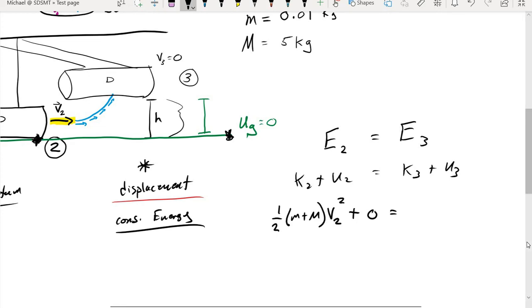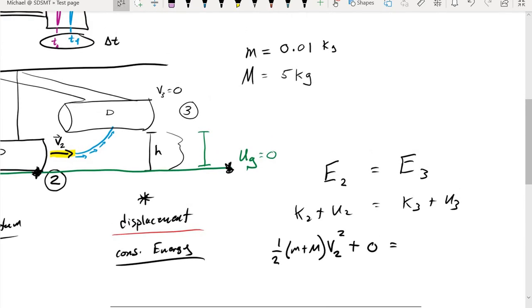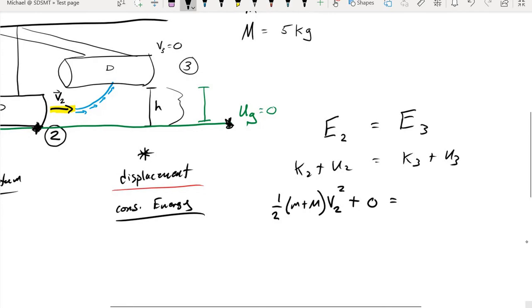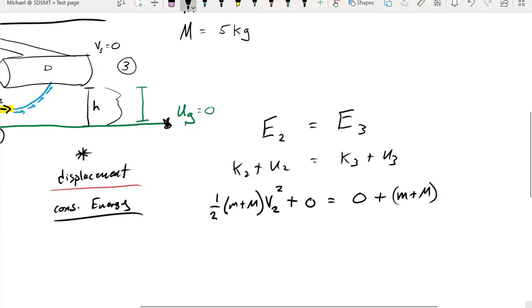And that's it for energy at E2. At E3, we have some kinetic energy based on the speed at 3, but we're at a maximum height, so that speed is 0. That means our kinetic energy at Site 3 is 0. And we have the combined mass of the bullet and the log, which achieves a maximum height of h.